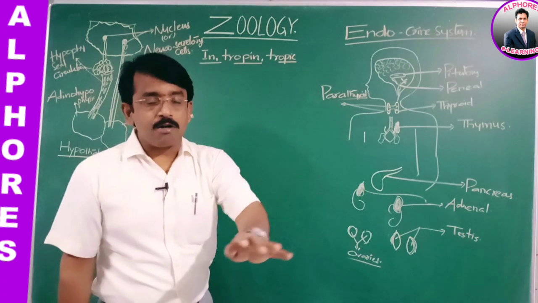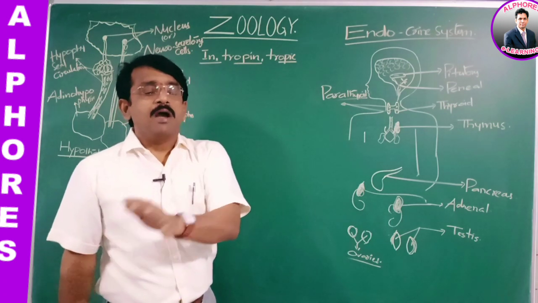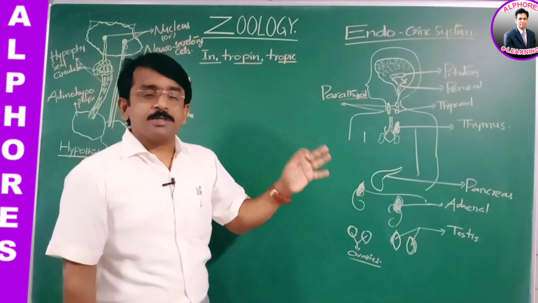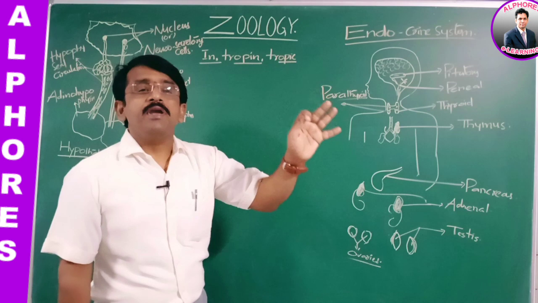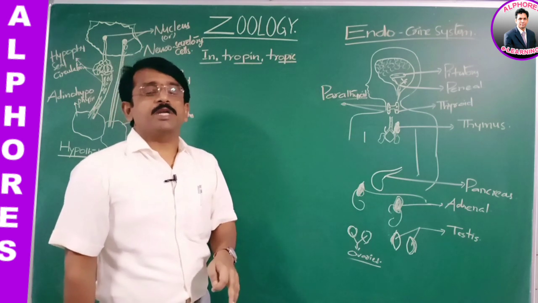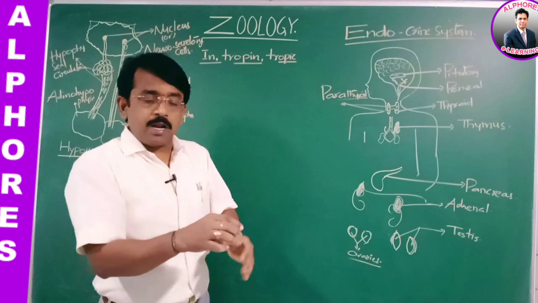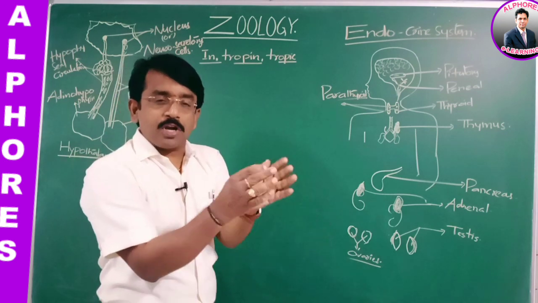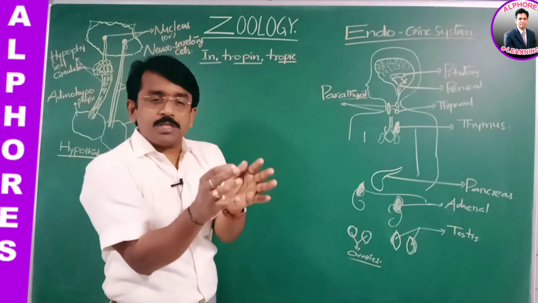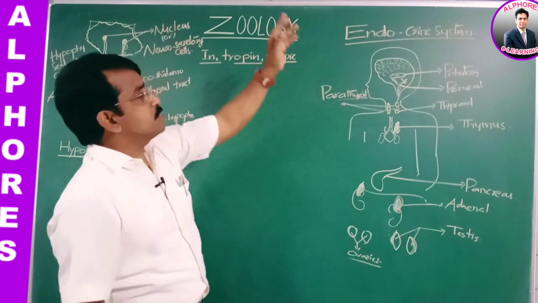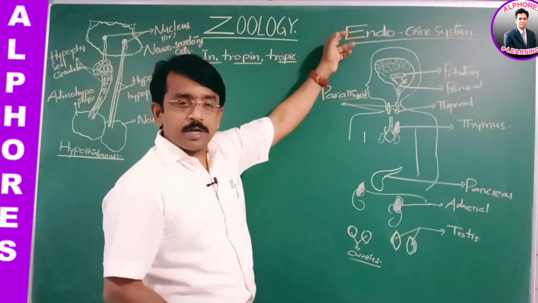Thereby they are transported through the blood and reach the tissues, organs and cells, thereby bringing about control and coordination. All this, the endocrine gland secretions being transported into the cells, tissues and organs and regulating their activities, is what we name the endocrine system.